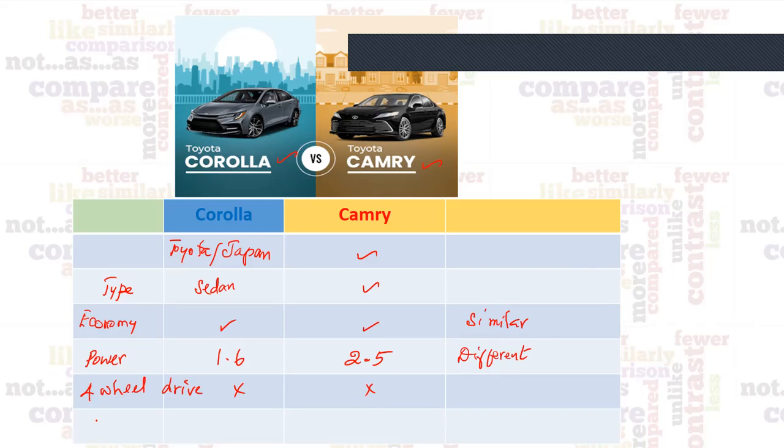Now, what about the price? A Corolla costs around 70,000 and the Camry costs around 100,000. So this is also different. Like this, we need to do brainstorming and get all the points. It has to be a mixture of similarities and differences. How many? Let's say 4, maximum 5.